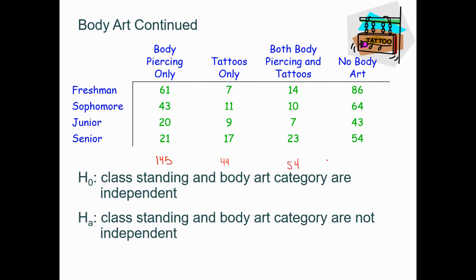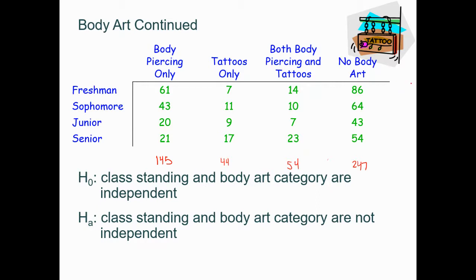And then no body art. 247. So there's our column totals. Now we need to get row totals.